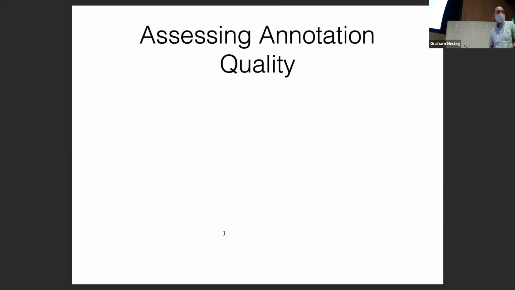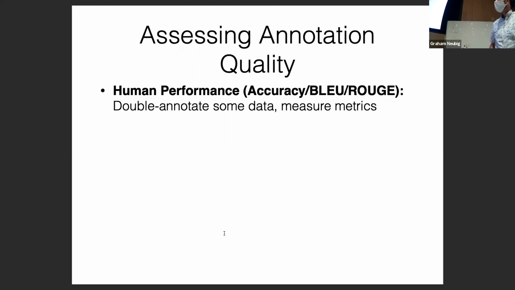Okay. Assessing annotation quality. One way you can do this is through human performance. Basically, you measure human performance with respect to the same metric that you would be measuring machine performance by. This could be anything like accuracy or BLEU or ROUGE or BARTScore or whatever else.